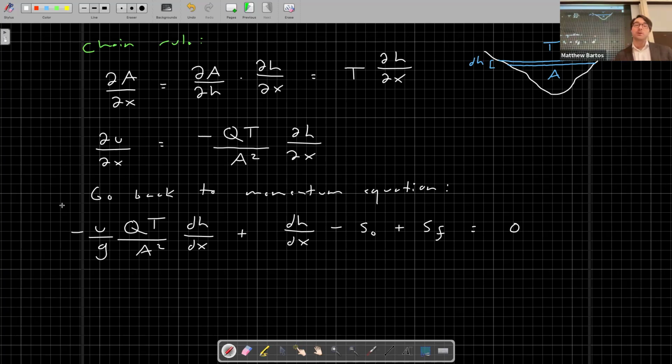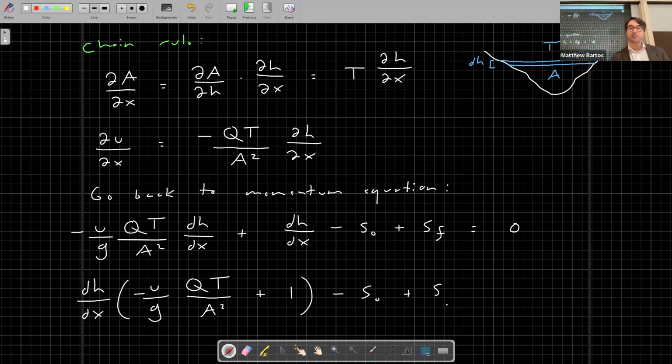And now note that both of these terms here are functions of the slope of the water surface, so we can factor out that slope of the water surface. We'll get dH/dx times quantity negative u over g times q times T divided by A squared plus 1, minus the bottom slope plus the friction slope is equal to 0.